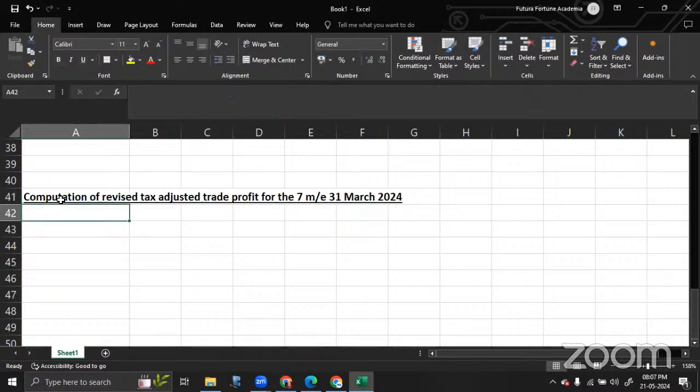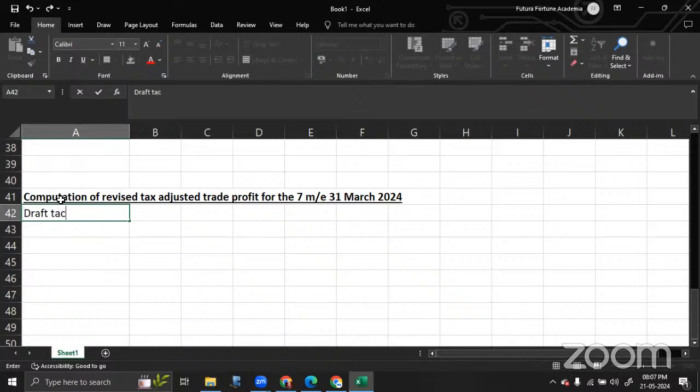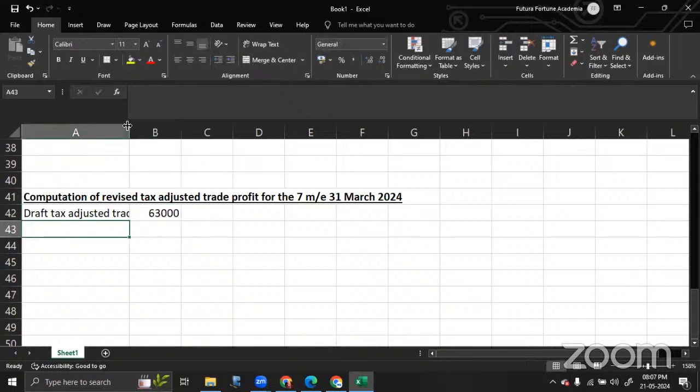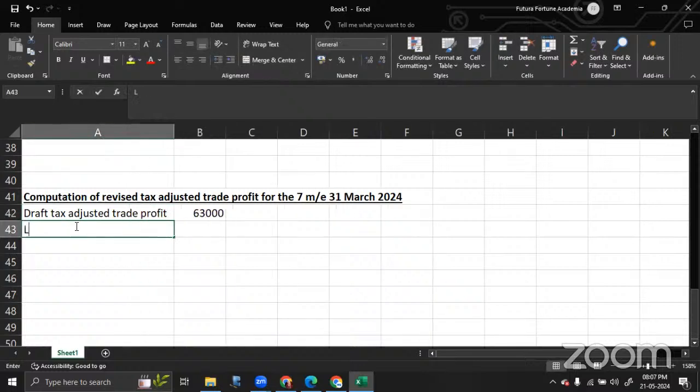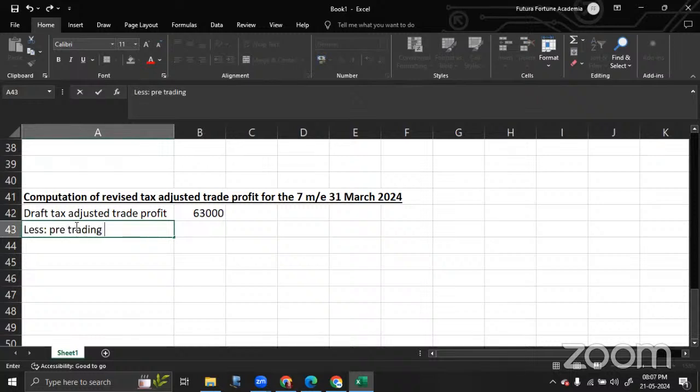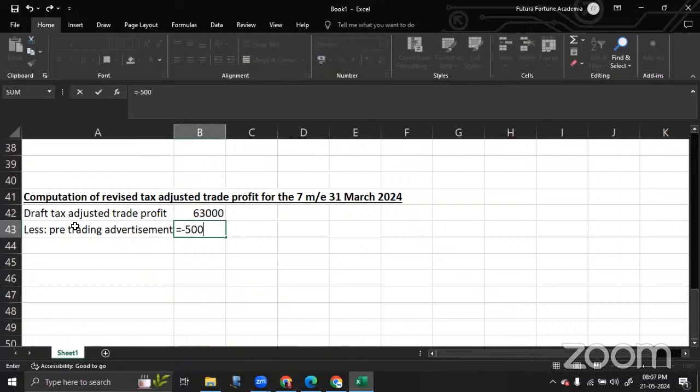Starting off with the draft tax adjusted trade profit of 63,000. And keep in mind, you can deduct pre-trading advertisement expenditure of 5,000 from this.